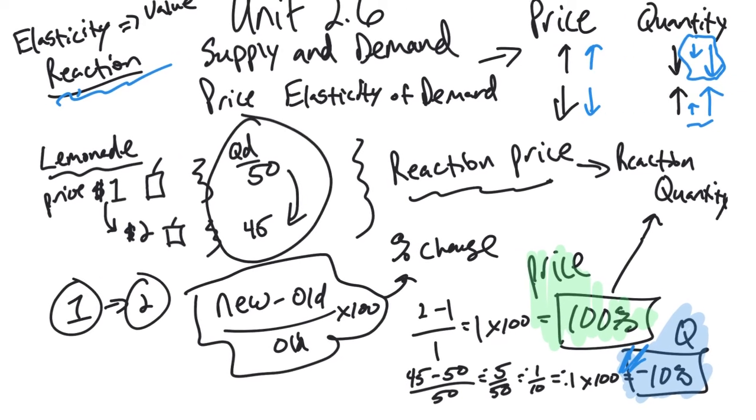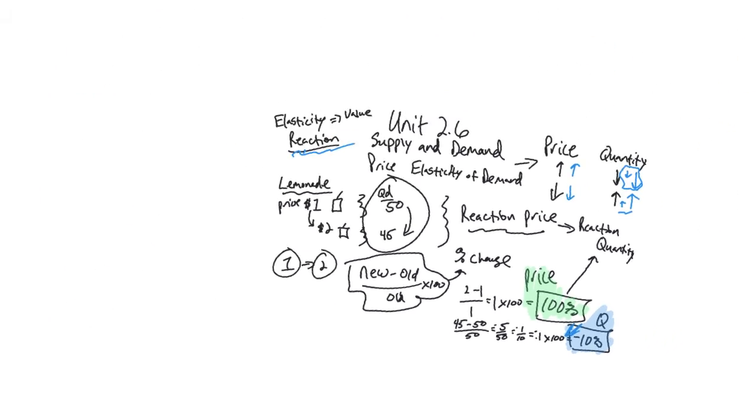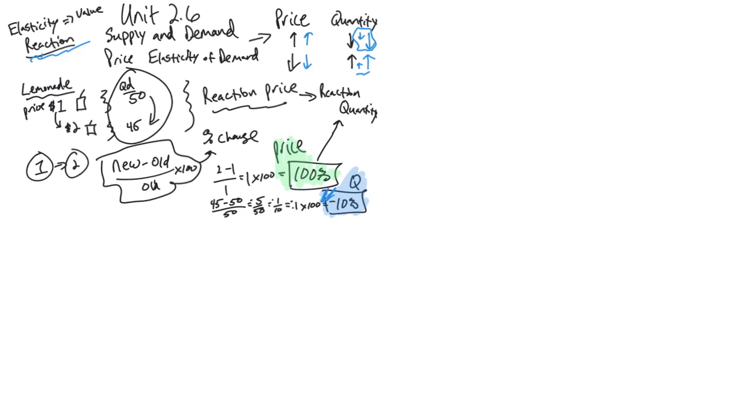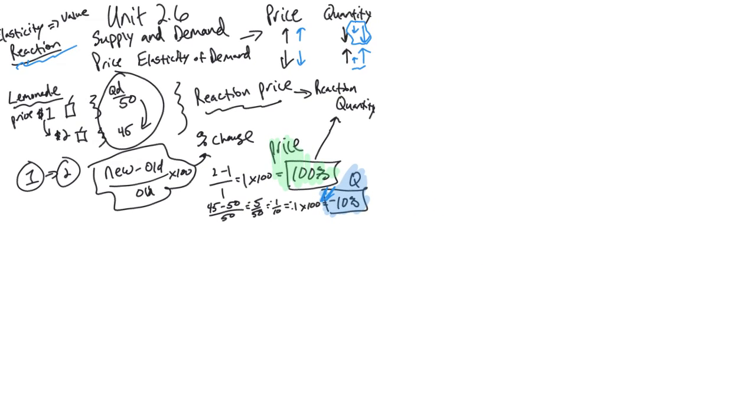So we're going to move this off to the side, and we'll use the same numbers. What we saw is that the price changed by 100%, and the quantity changed by 10%.